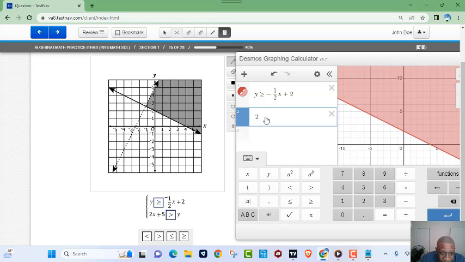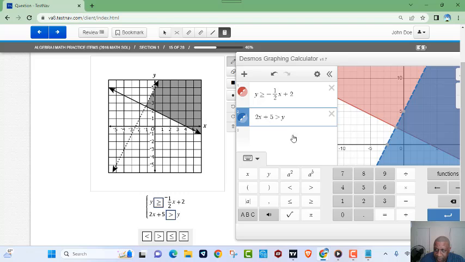We have 2x plus 5 is greater than y. And yep, there it is, right there. So we have this correct here. All right, let's go on to the next question.